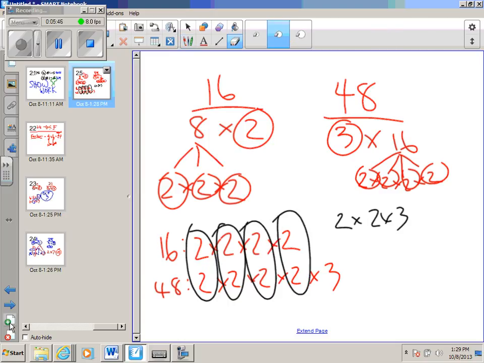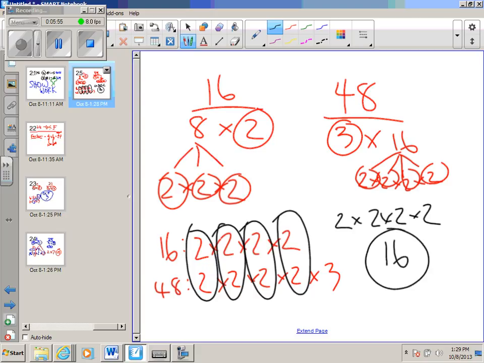Whoops, that's a 3. Third greatest common factor? 16. 2 times 2 times 2 times 2 is not 8. Actually 16. And you know what? You circled everything here. Circled everything there. And you said that was 16, so there it is. Okay?